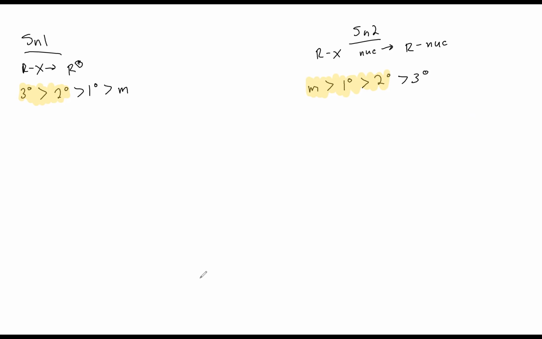We haven't talked about the nucleophile too much right now, but there are generally two types of nucleophiles: a strong nucleophile and a weak nucleophile. I'm just going to put STR for strong and WK for weak.